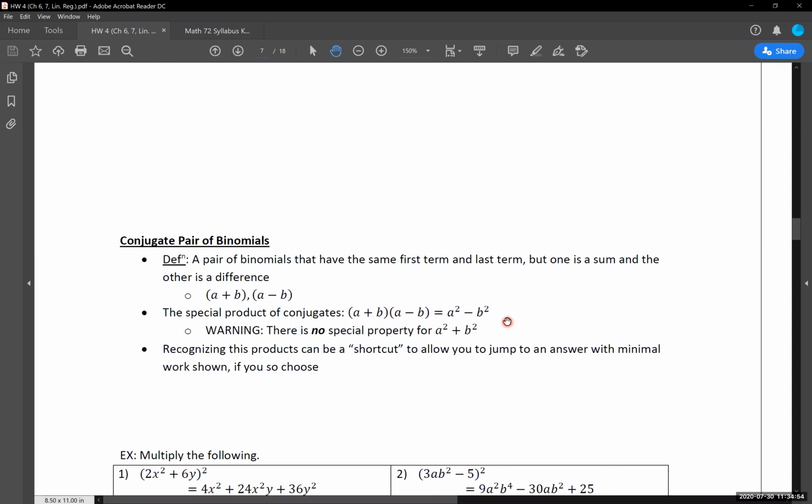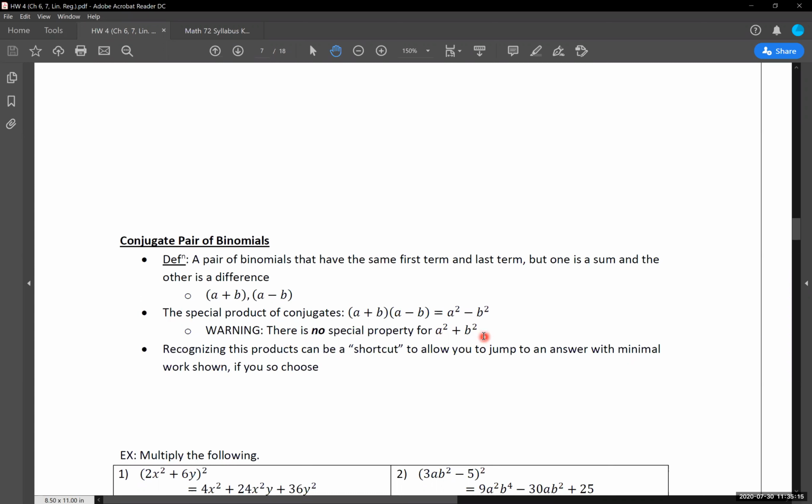Now I do want to give a warning with this, because a lot of people think that, well, if there's a special property that gives a^2 - b^2, there has to be a property for a^2 + b^2, right? And it's not an unreasonable thought. However, there is no special property attached to this.